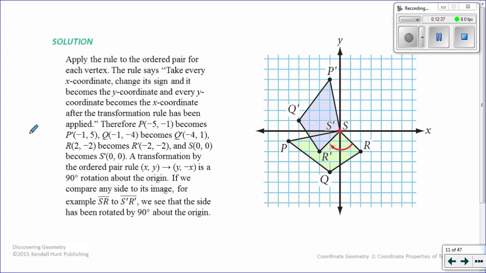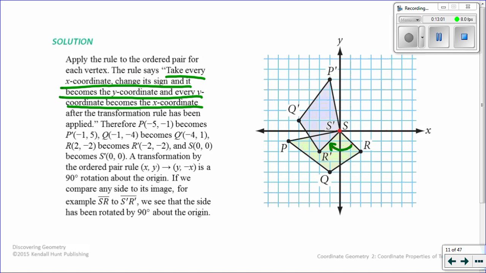what is this going to look like? So here's my rule: take every x-coordinate, change its sign, and it becomes the y-coordinate. Every y-coordinate becomes the x-coordinate, is what we were just describing. This is not a translation, it's not a reflection. You can see from your final image that this is a turn. So this is a rotation.